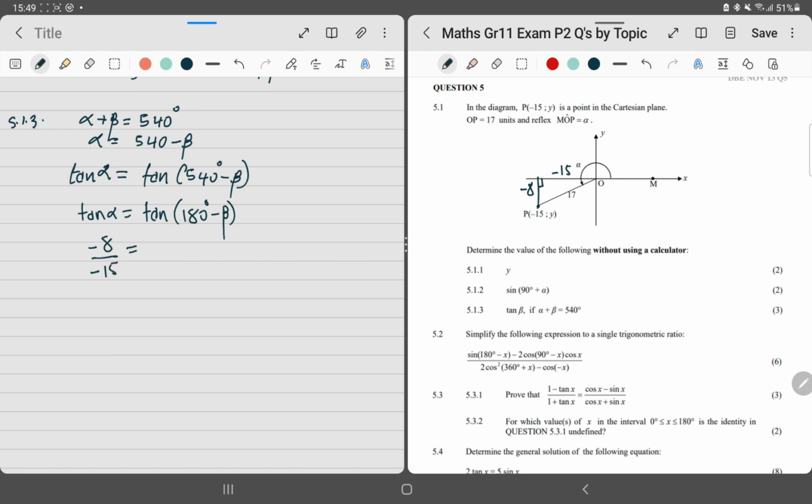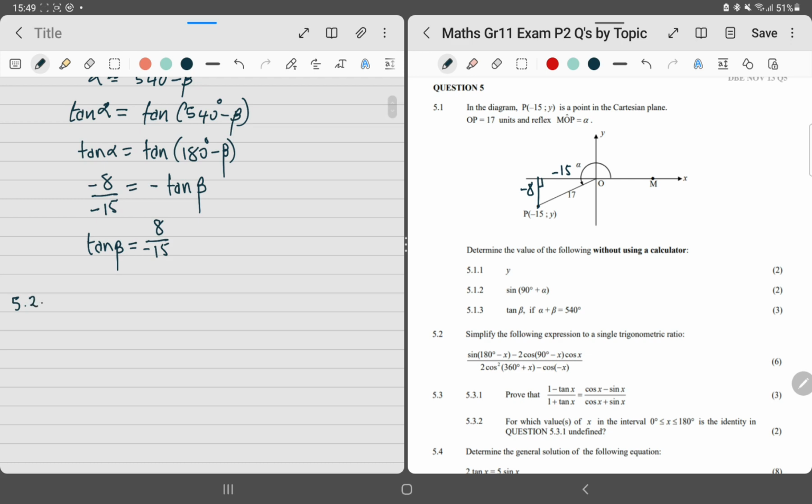And then 180 minus is in the second quadrant. In the second quadrant, tan is negative. So this means that my tan of beta should be equal to 8 over 15. This negative takes care of that one, so I'll be left with this one. So it is minus 15.